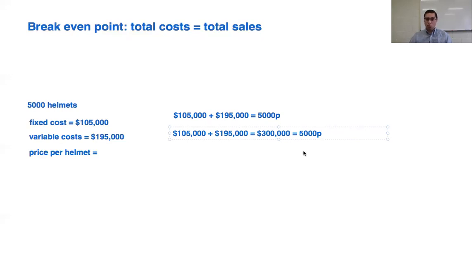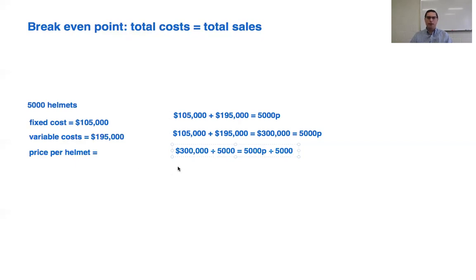So we can do some algebra here, isolate the variable by dividing both sides of this equation by 5,000. So we go 300,000 divided by 5,000 helmets equals 5,000p divided by 5,000.